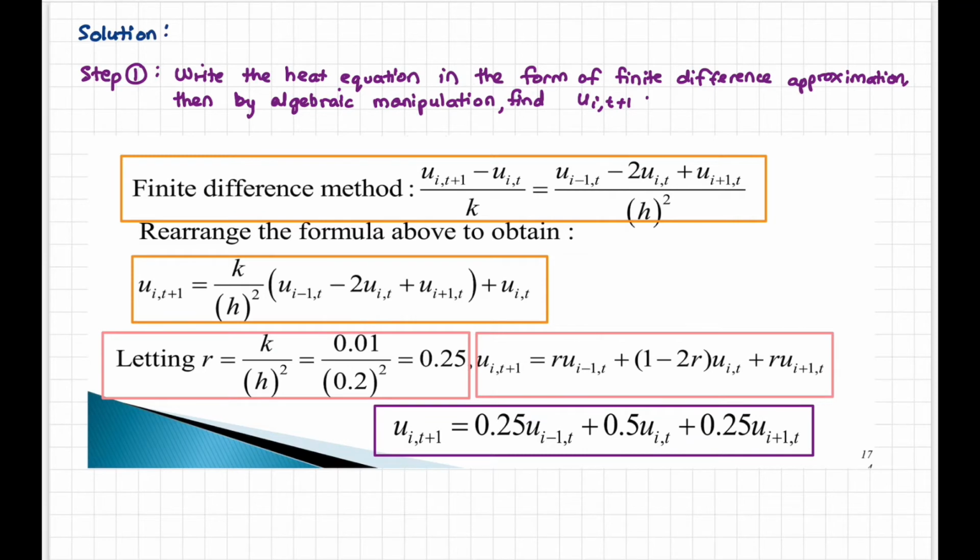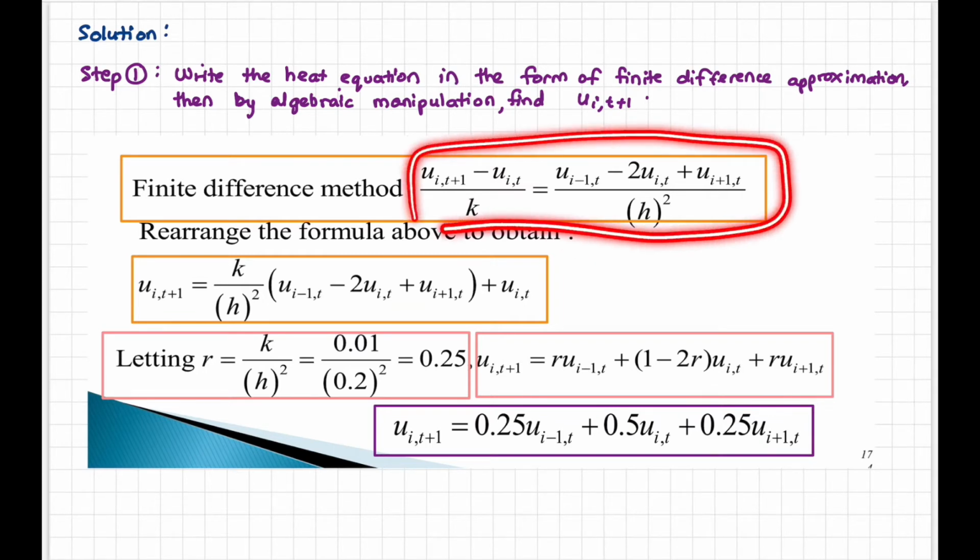Step number 1, write the heat equation in the form of finite difference approximation. Then, by algebraic manipulation, find u(i, t+1). You need to find u(i, t+1), so just rearrange this equation. Okay, you get this equation. You derive this from the forward difference formula.